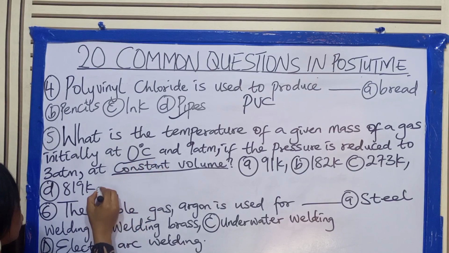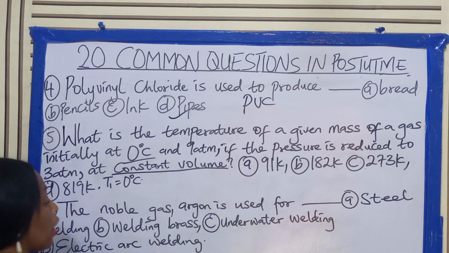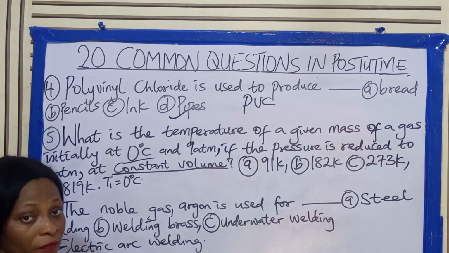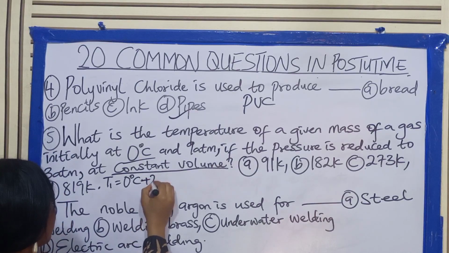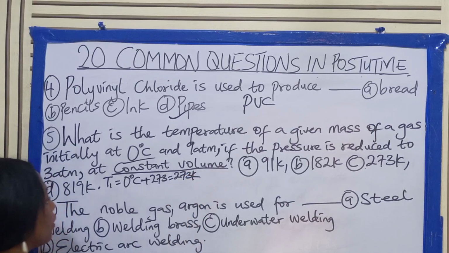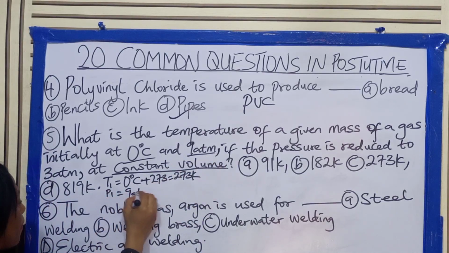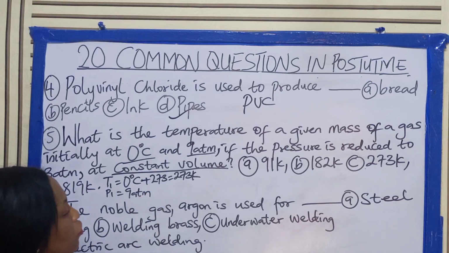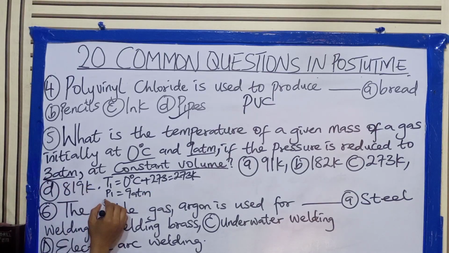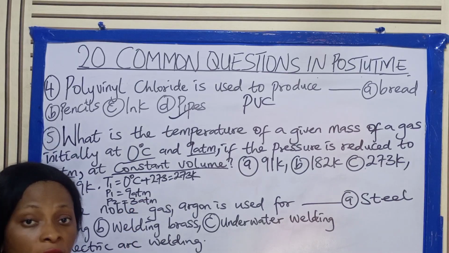Here, 0 degrees Celsius, this is T1. Now you must convert to Kelvin by adding 273. So when you convert, you have 273 Kelvin. And P1 is 9 atm. And if the pressure is reduced to 3 atm, P2 is 3 atm.